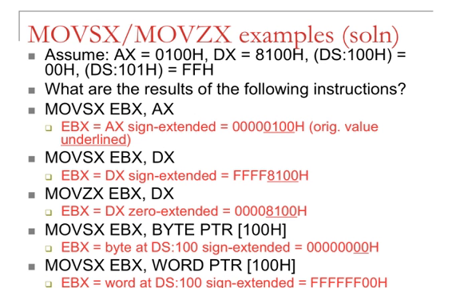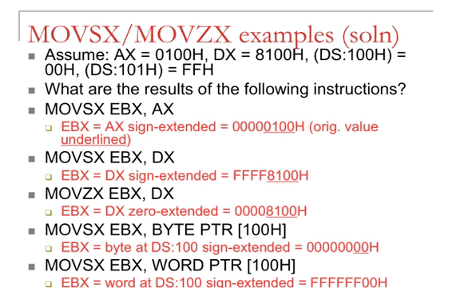The goal is to use the value of the source to fill out the destination, which has more bytes than the source. AX has 2 bytes, EBX has 4 bytes, so we do have a way to do the extension. In AX, we have the value 0100, and if we look at the sign bit, the most significant bit of AX is 0.